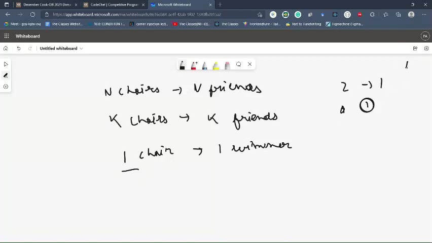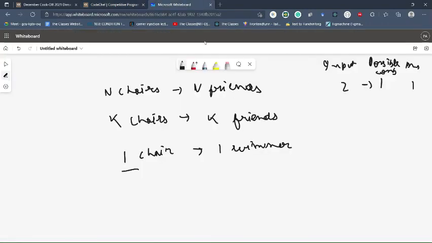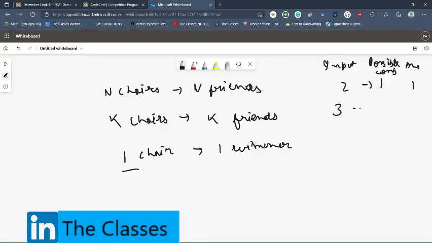So our answer will be one possible combination, and this is our input number. Our second test case is 3. Suppose our number is 3.